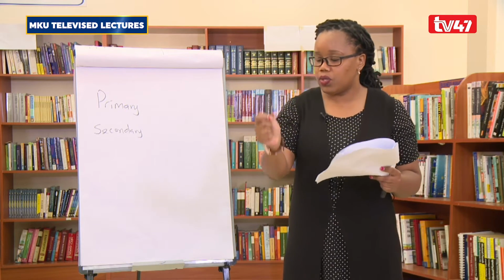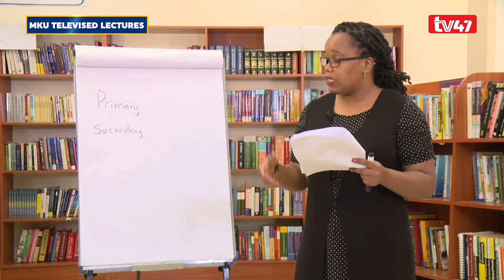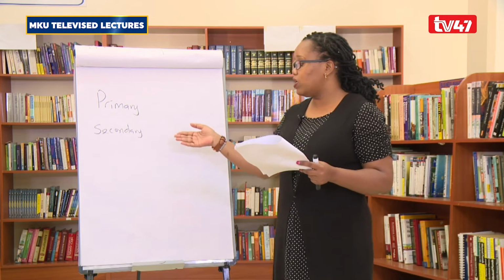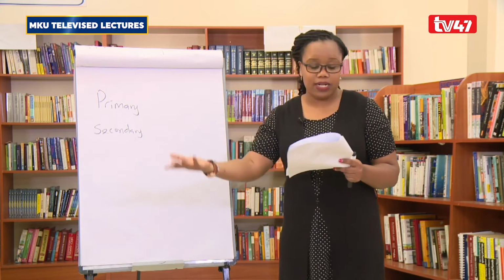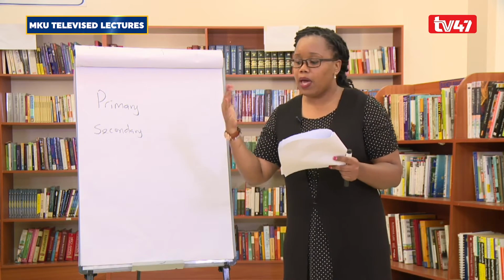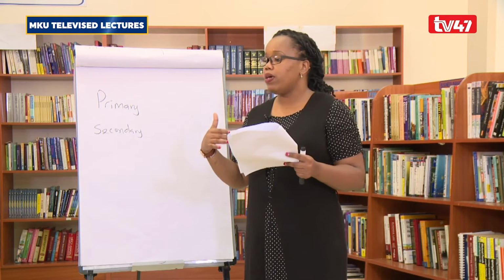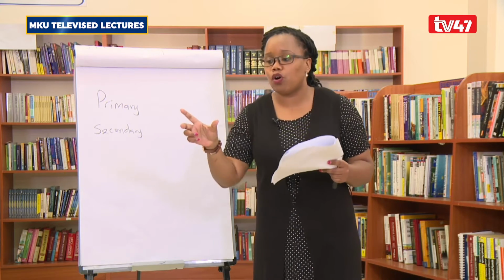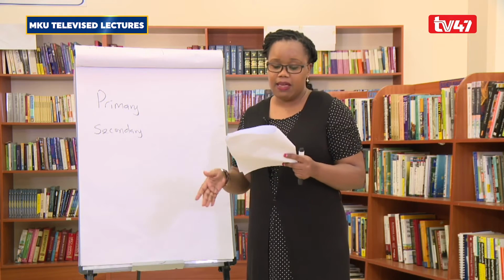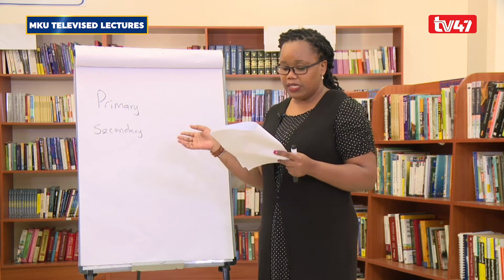We actually go to the ground to pick this data. Secondary data is actually data that is already recorded. So we are not the first time people to collect it. Instead, we come in as a second party to just borrow what has already been collected. Thus, we refer to it as secondary data.